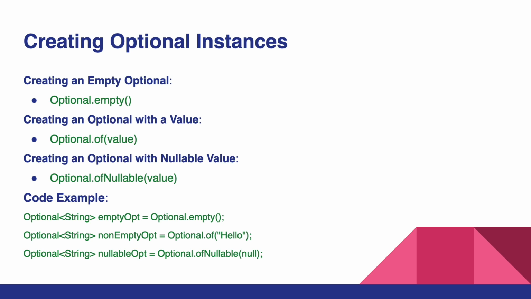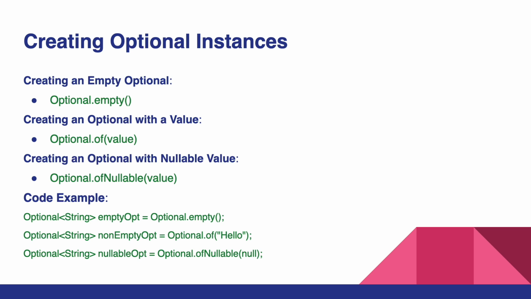Let's understand how we can create Optional instances. There are three ways to create Optional instances depending on the data you are handling. Optional.empty method. Use this method when you want to explicitly represent an empty Optional, kind of like an empty box.